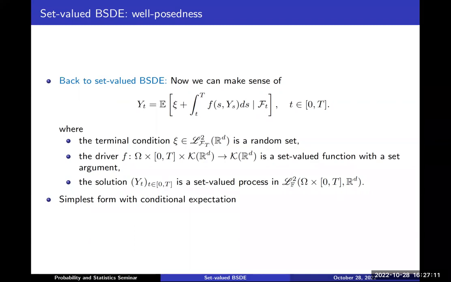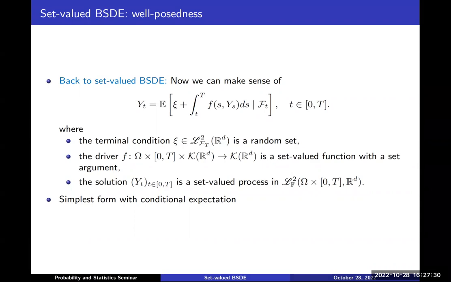But in this form, I don't see any stochastic integral. It's the simplest form of it. I express this in terms of conditional expectation. So that's a convenient enough form that I can prove that this has a unique solution.